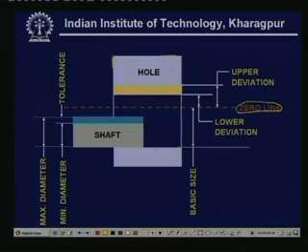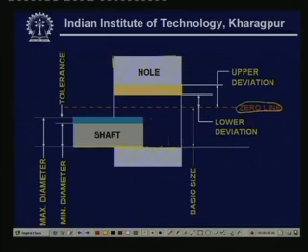Onto the hole, if we take a section like this, then one side of the hole, this line, is in the same line as the bottom side of the shaft. The bottom side of the shaft coincides exactly with the bottom side of the hole while we are viewing the cross section.